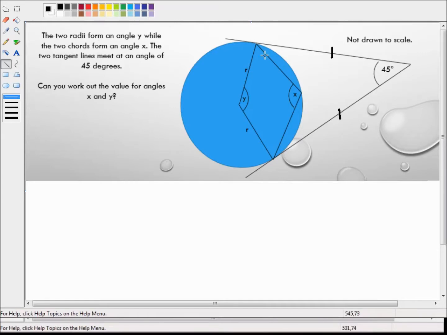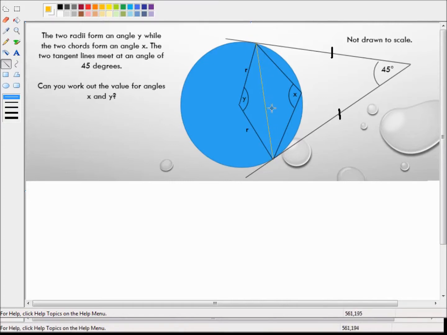So if we drop a chord down through here, actually let's use a different colour so that we know what's the actual question and what's our calculations. So I'm dropping a chord down here, joining the two tangent lines at the points where they touch the circumference.